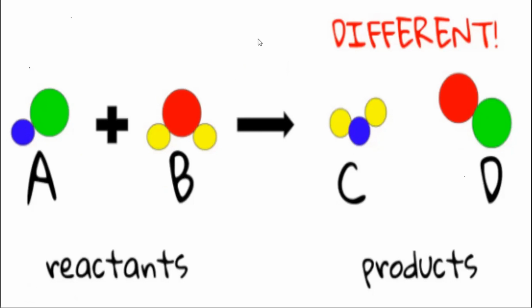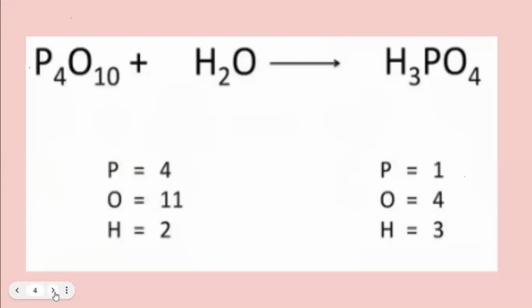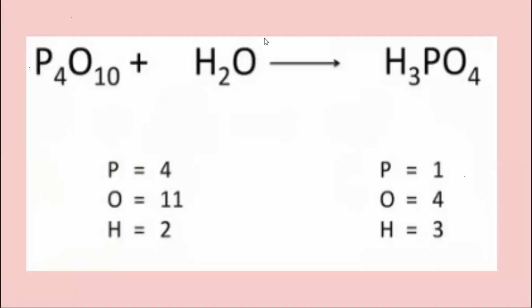Now see, we have got this equation in front of us: P4O10 plus H2O gives H3PO4. The total number of the particles of everything, like P, phosphorus, O, oxygen, H, hydrogen, must be equal on both sides.